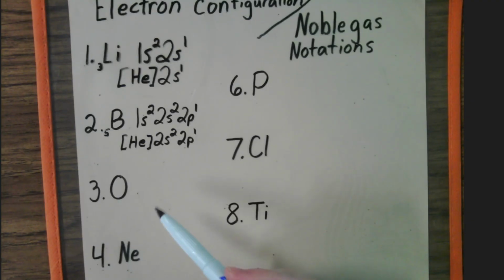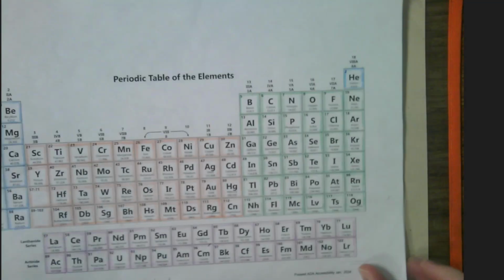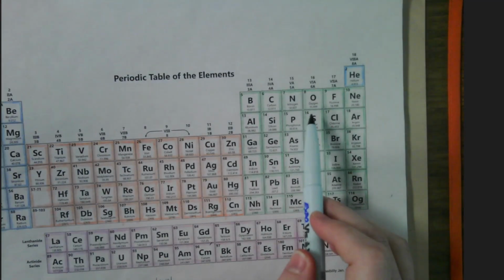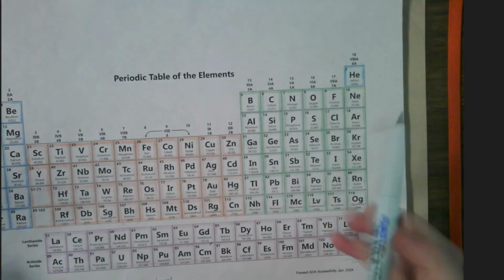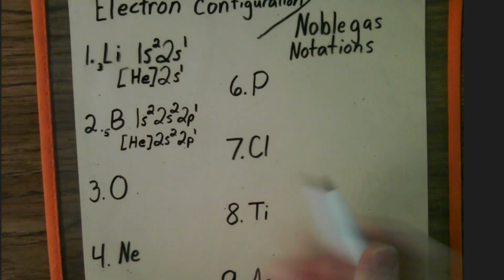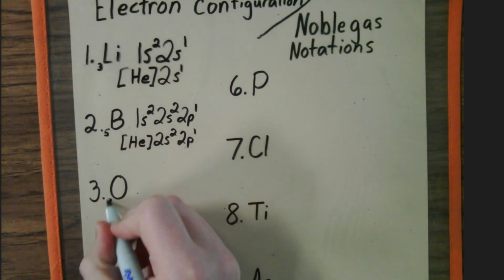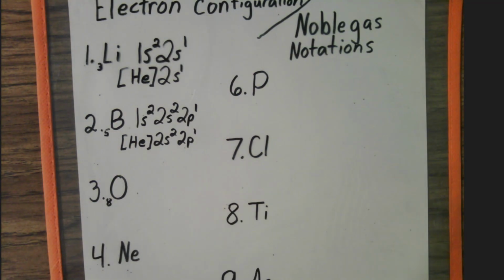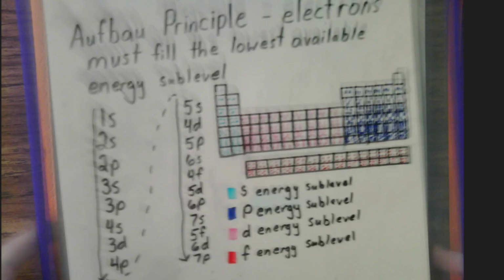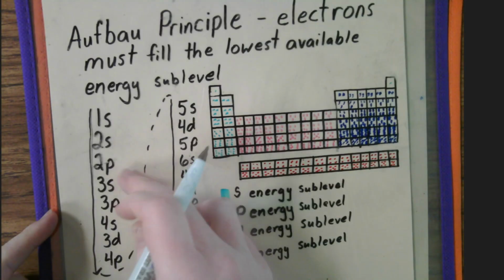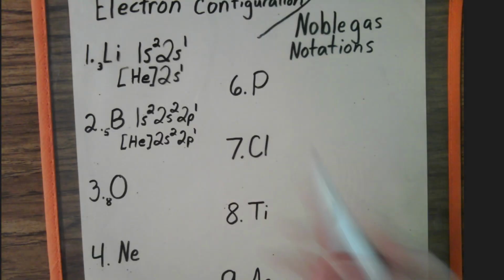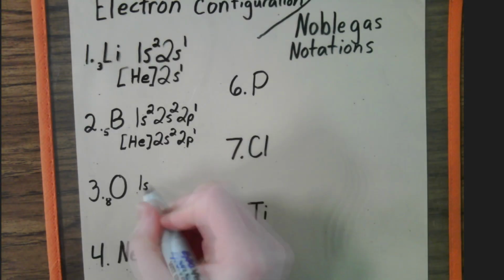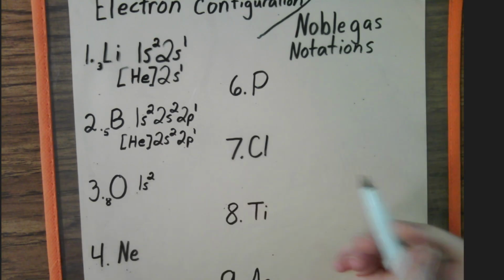Oxygen. Oxygen on the periodic table is right over here. It has 8 electrons in total. So I'm going to remind myself we've got 8 electrons to fill up. The first thing we're going to do is notice where our line is. The first one we always start at is 1s. We're going to fill that completely up.